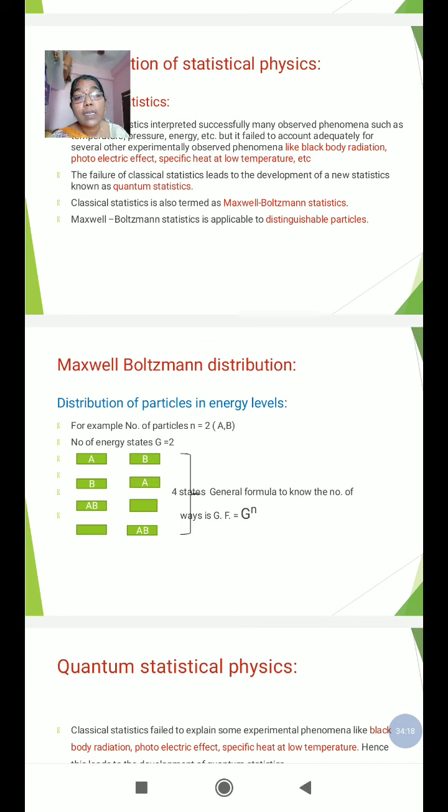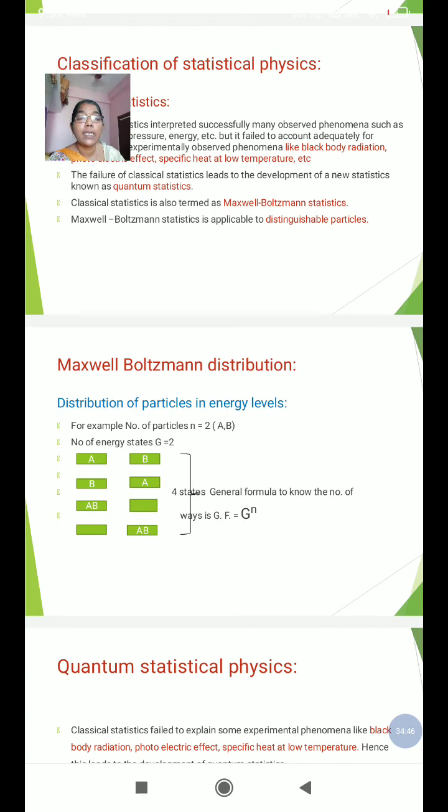Why is this taken here? Two particles can occupy one state because there is no restriction in classical statistics, because classical statistics does not obey Pauli's exclusion principle. What is meant by Pauli's exclusion principle?